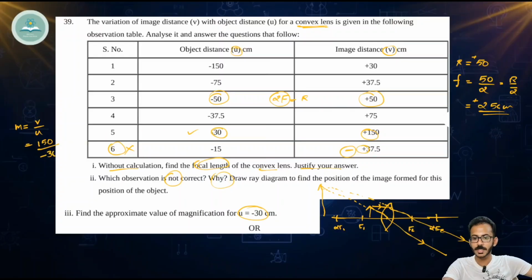So 0 got cancelled. 3 5s are 15. So we got minus 5. Magnification is minus 5. Minus stands for a real and inverted image, and a value greater than 1 means it's enlarged.